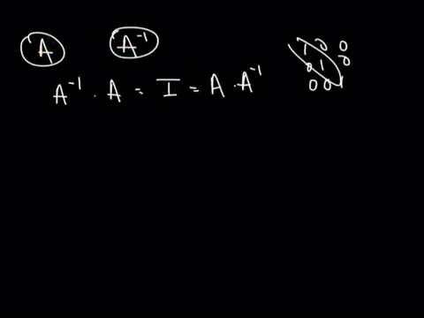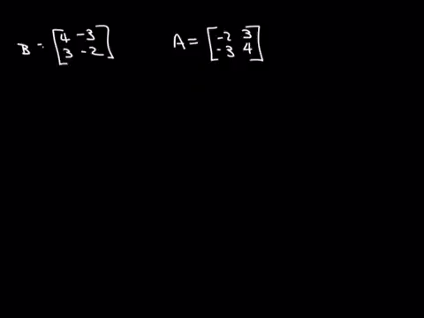Alright, so let's look at example 2. Example 2 says verify that this is the inverse of this. So basically what we're trying to do is show that B is the inverse of A. Okay, so how do we do that?